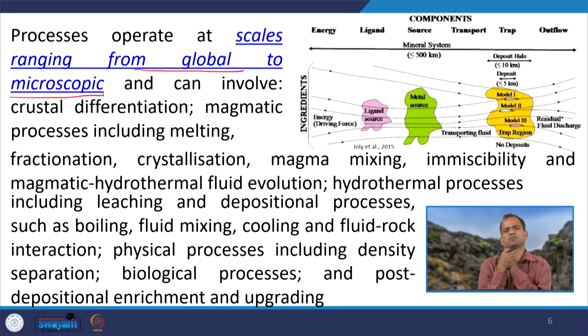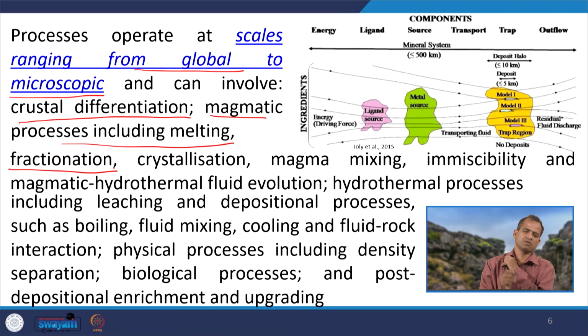Some of the geological processes extend to global scale, for example, crustal differentiation. It does not obey your political boundary or continental boundary; it is global scale. And magmatic processes including melting, which may be localized, fractionation, which may be within that magma chamber, then crystallization, magma mixing, immiscibility, and magmatic hydrothermal fluid evolution.